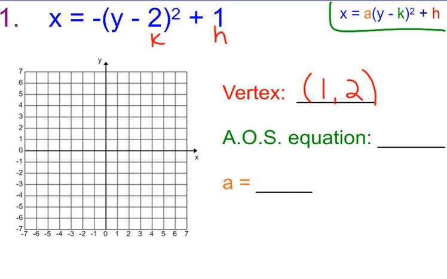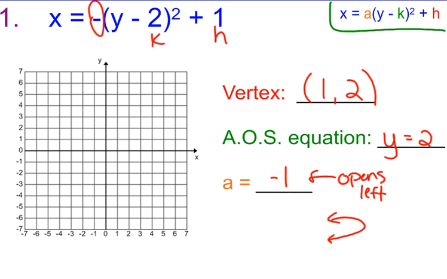My axis of symmetry, remember, is a horizontal line, so it's y equals 2. My a value is still in the same spot right here, so my a value is -1. Because my a value is -1, I know my parabola opens to the left. So I'm thinking it's going to look something like that.